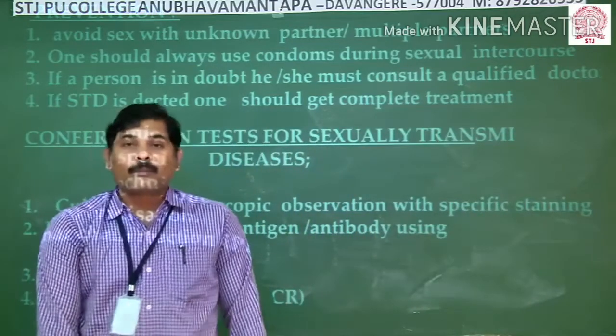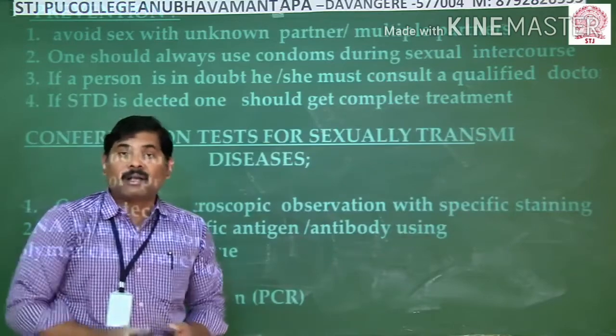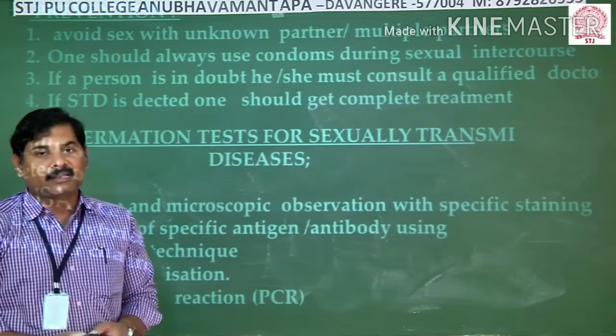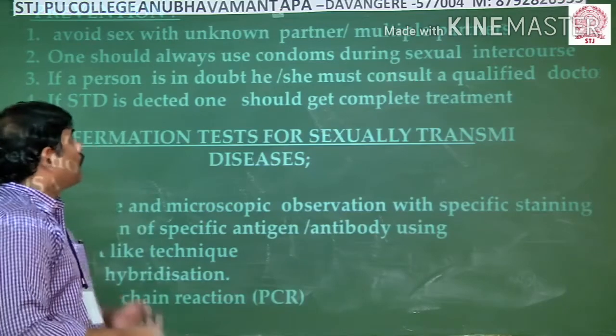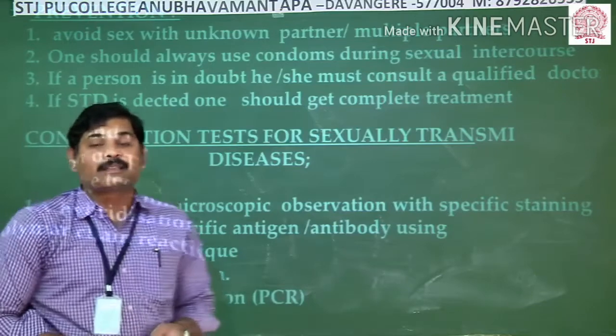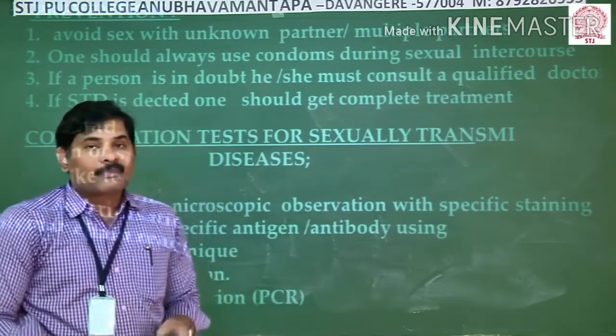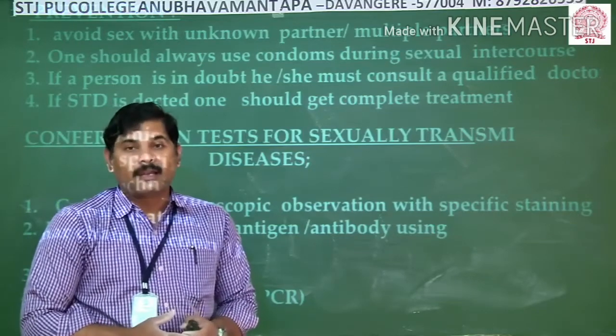So as of now, the bacterial diseases, viral diseases, protozoan diseases, fungal diseases, and chlamydia diseases, we studied all of them in a detailed way, and thereafter the treatment, symptoms for all the diseases, and the mode of transmission.